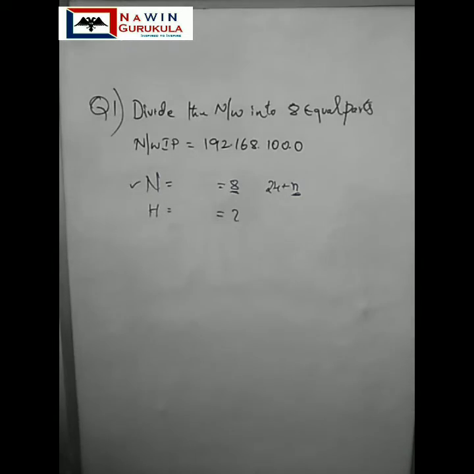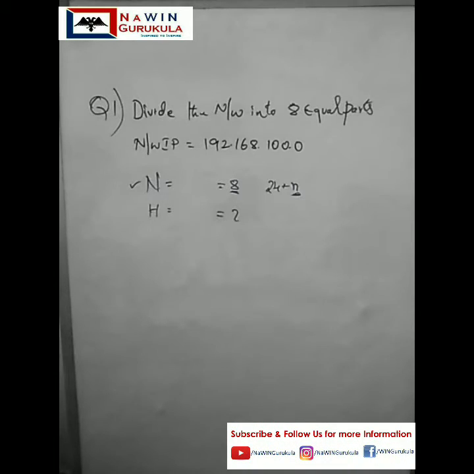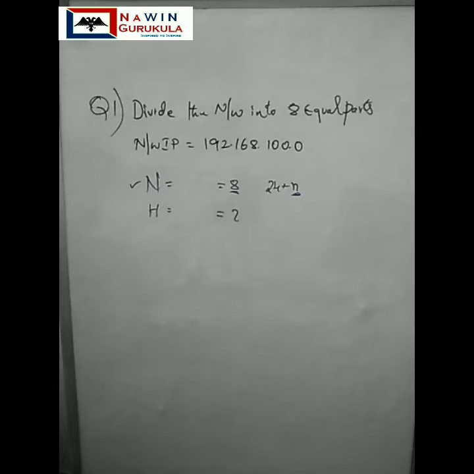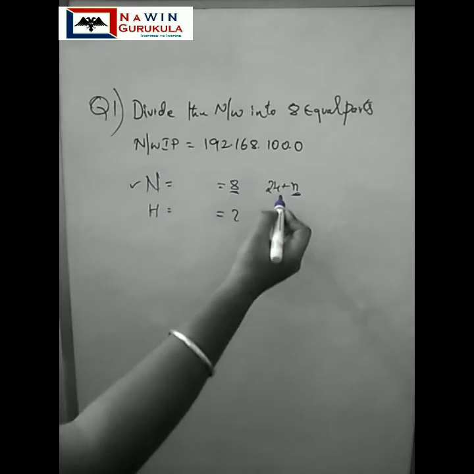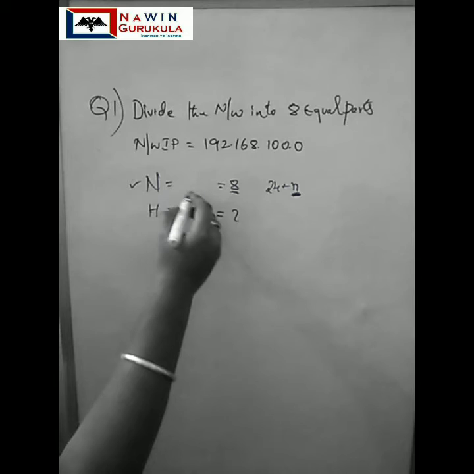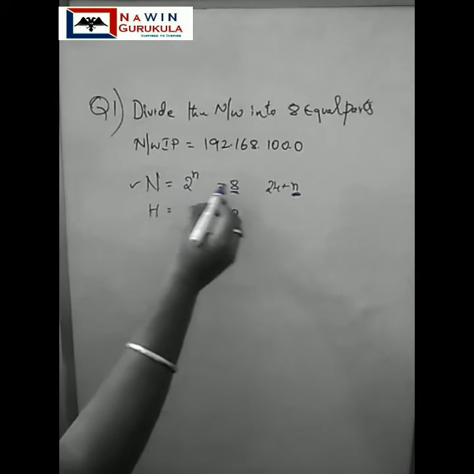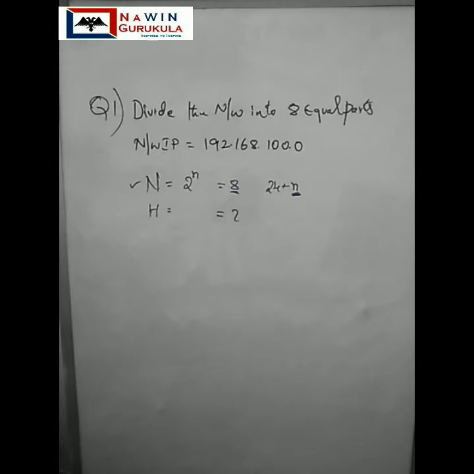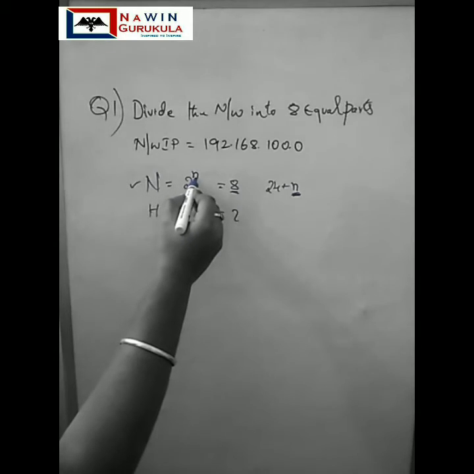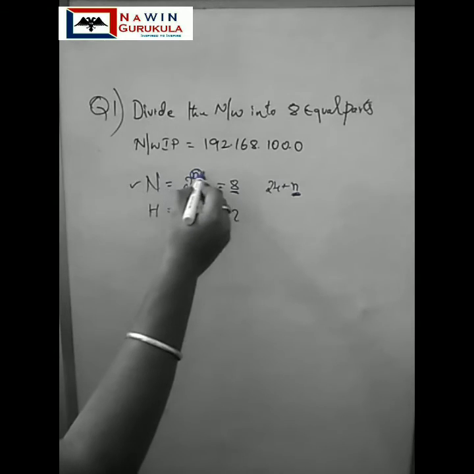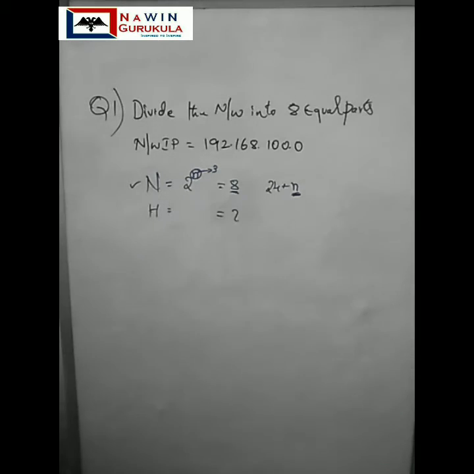As we discussed previously, we will be converting host bits to network bits, which is where the subnet concept lies. So to get this value, 2 power n: 2 power 3 is 8, so 2 cube is 8. So the n value is 3.